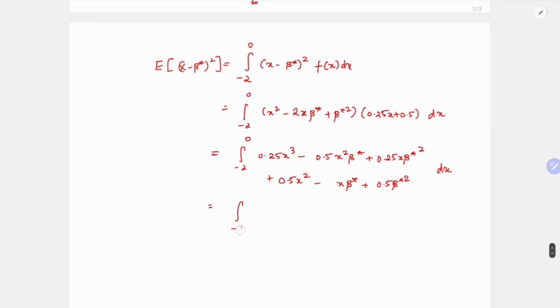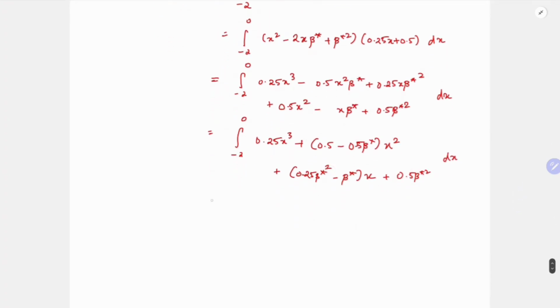So can we just club it up: 0.25 x cube, plus 0.5 minus 0.5 beta star x square, and the next terms are plus 0.25 beta star square minus beta star x, plus 0.5 beta star square into dx.